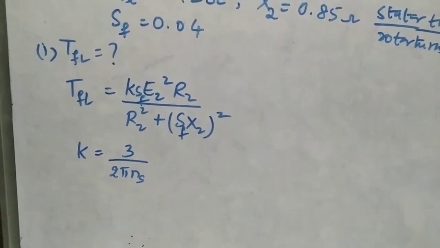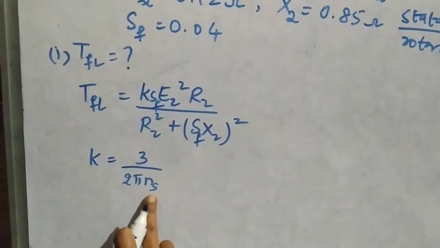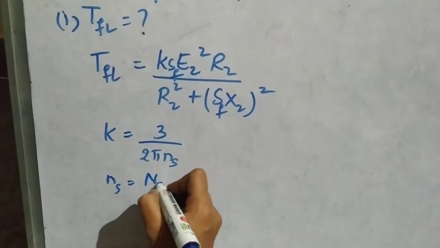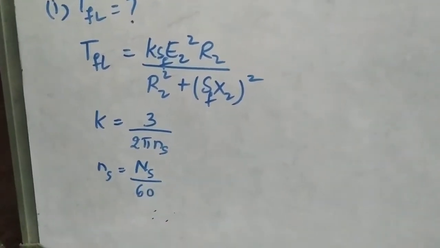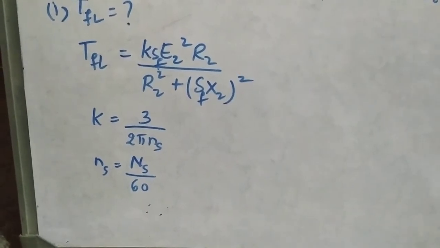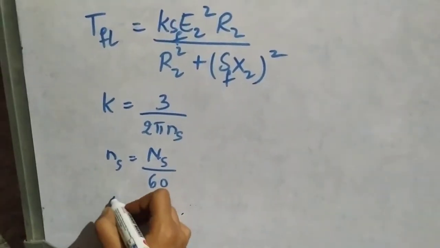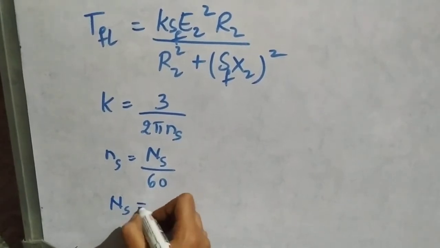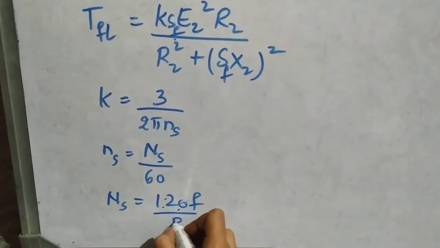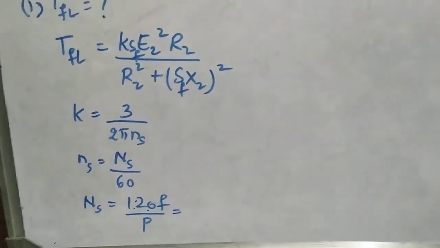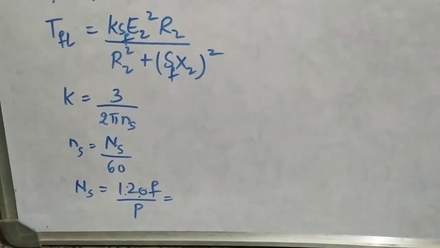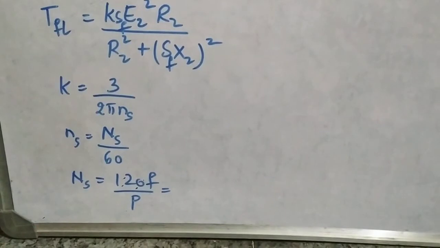How to get the small ns value? Small ns value you can get by capital Ns divided by 60. Then how to get capital Ns? Capital Ns we can solve, that is 120 F by P. So you have to solve this.